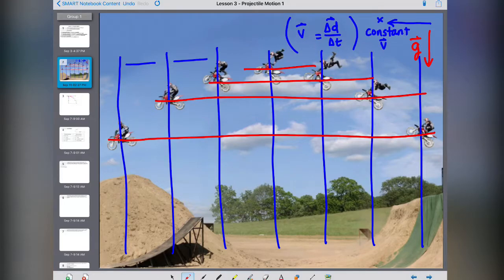And when things are accelerating, the equations that we will be dealing with will be the 5 equations. I call them the high fives, the ones that we reviewed from the last 2 lessons. The high fives. I gotta write it correctly. Okay, the high fives, right? So your kinematics equations, the ones that involve the acceleration.